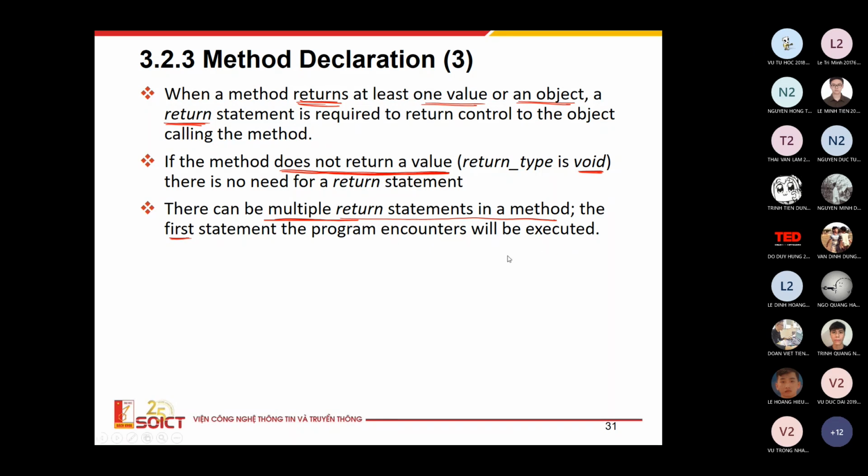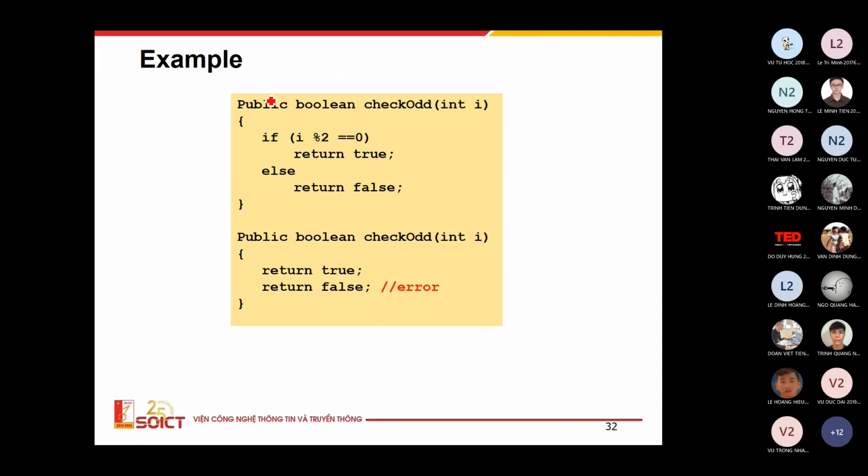Okay, remember it. So, for example, in this, there are two methods. This is the first method and this is the second method. For example, who can read for me these two methods? What is their signature? Okay, Đào Quốc Trường. Can you explain for me these two methods?